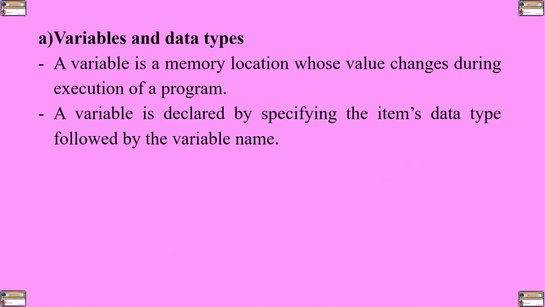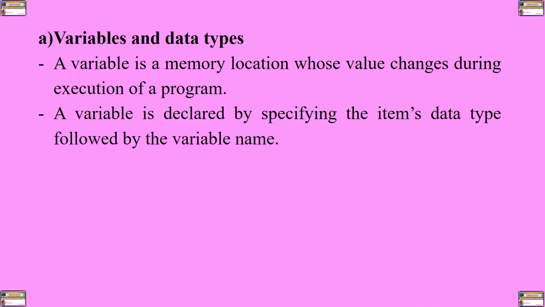And therefore, what we are calling a variable is simply that memory location that you have set assigned to hold a value, and the content of that memory location can change.